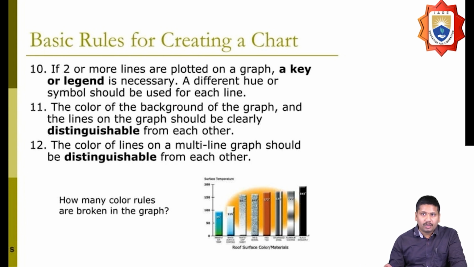The color of the background of the graph and the lines on the graph should be clearly distinguished from each other. The colors of the lines of multiple graphs should also be different from each other. So how many colors to choose? To make them clearly distinguishable, the colors should be different.